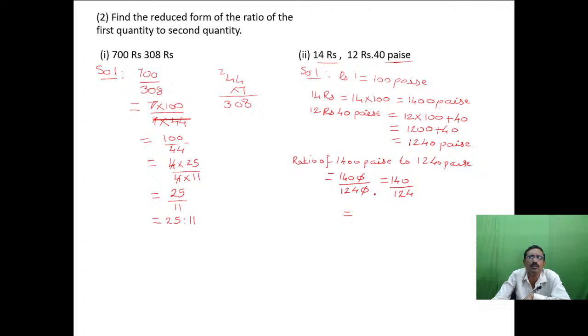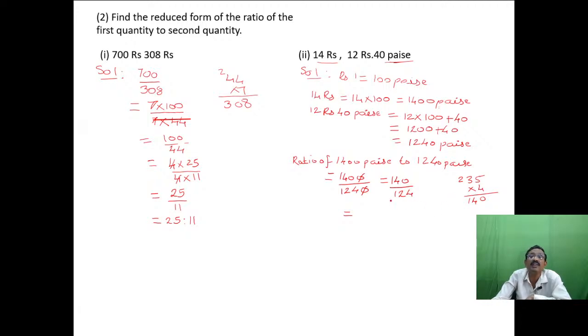So if I use 4 into 35, let me see, 5 4s are 20, 4 3s are 12, 13, 14. It gives me 140. So 35 into 4 can give me 140.